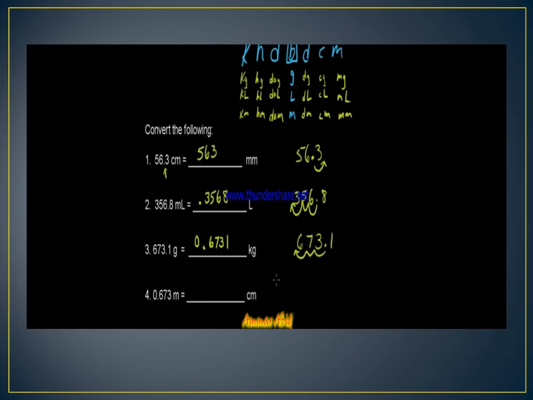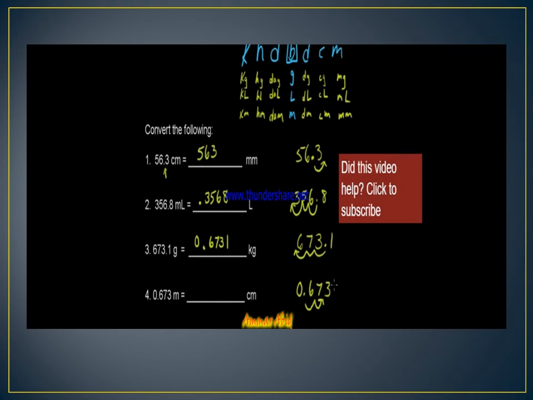Okay, final one here. Now we start with a decimal place right here, and we're going from meters to centimeters. Be careful, don't go from this end. This is milli. You have to go from meters down here. Meters over to centimeters is going to move it 2 to the right, 1, 2. Now be careful here.